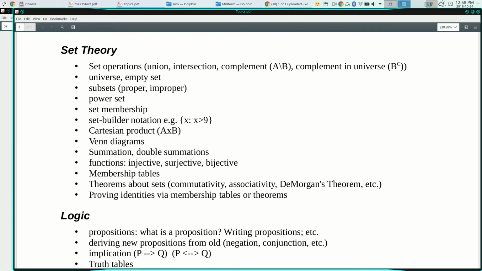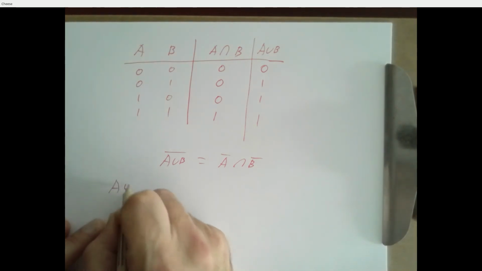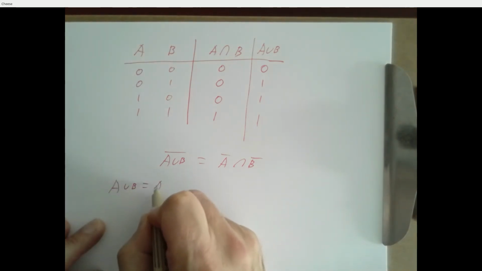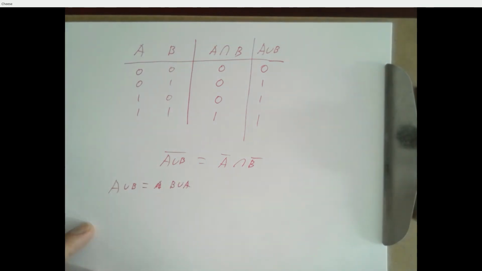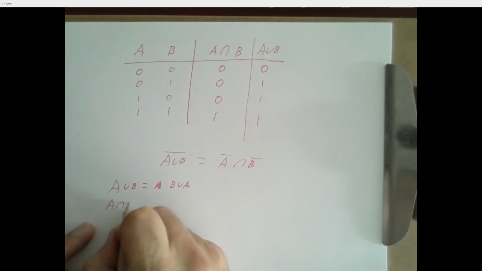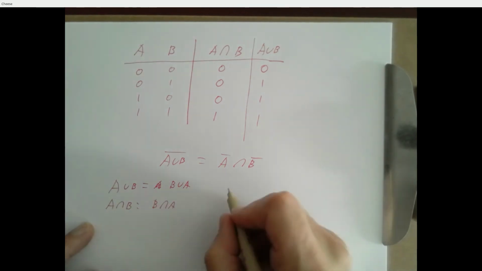So theorems about sets, well that's the last thing. They're proving identities via membership tables. And then there's theorems about sets. So we have various theorems, and there are things like commutativity. So union and intersection, the order doesn't matter.